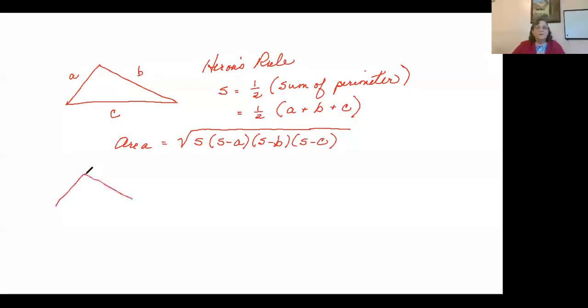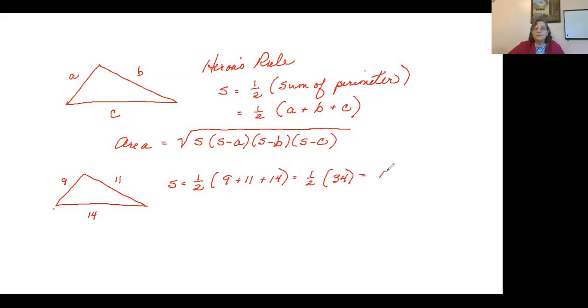Let's say we had a triangle and the lengths of the sides were 9, 11, and 14. So S is going to equal 1/2 of 9 plus 11 plus 14. That would be 1/2 of, let's see, this is 20, 34.